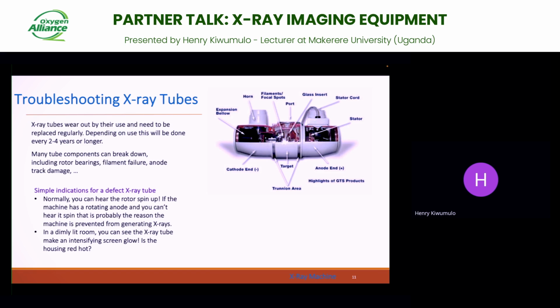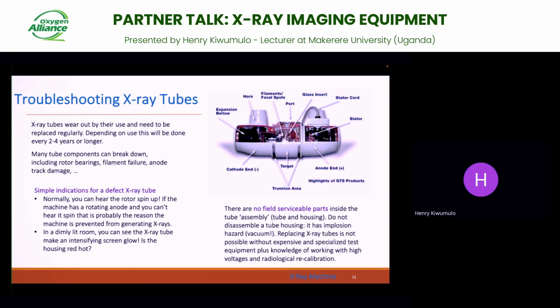So these are the different parts which we shan't go into much detail. But one thing we have to know is there are no field serviceable parts, unfortunately, inside this tube. Replacing these tubes is not possible without expensive and specialized equipment, plus the knowledge of working with high voltages and radiological recalibration.